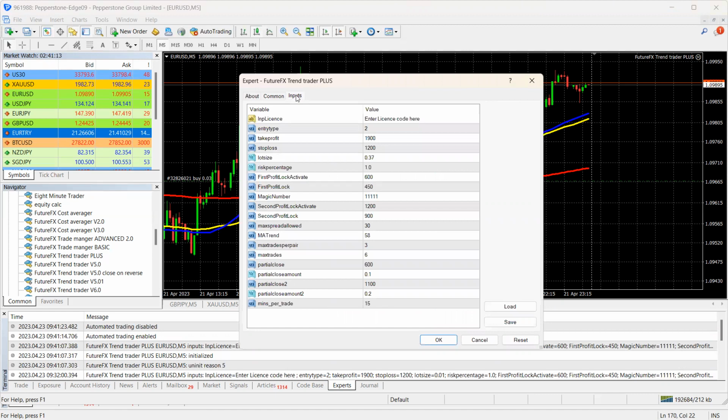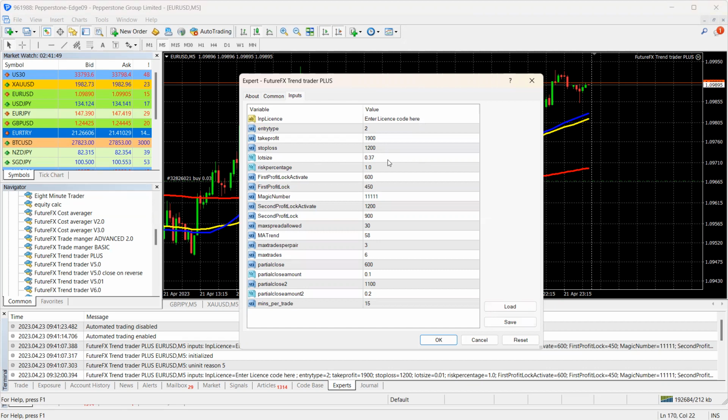Other things that can stop the software taking out trades would be if your lot size was incompatible with your broker. Depending on what you're trading and what broker you're using, they will have a minimum lot size. Most Forex pairs will be 0.01 on pretty much all brokers.